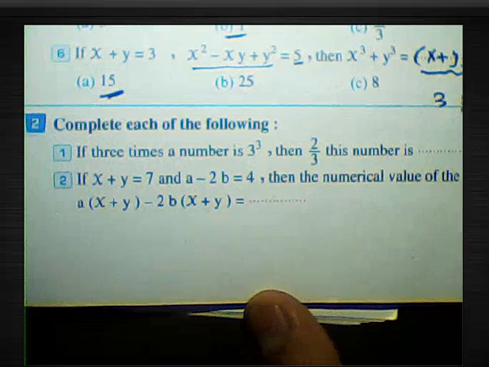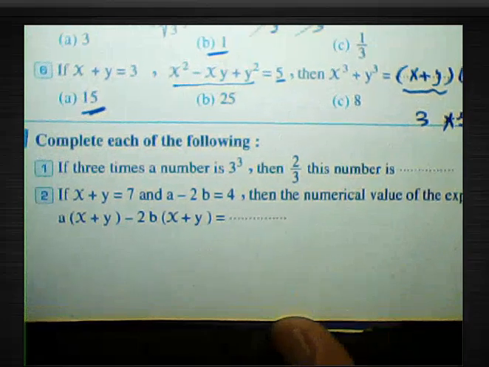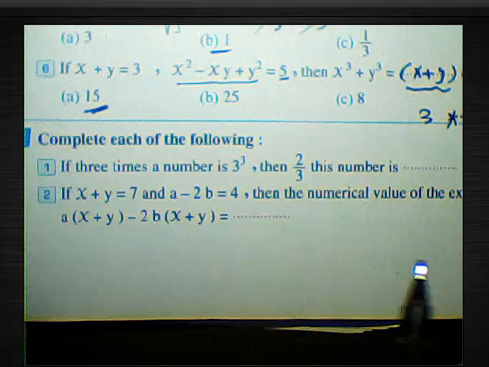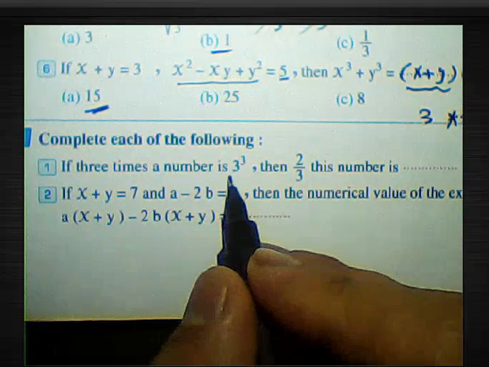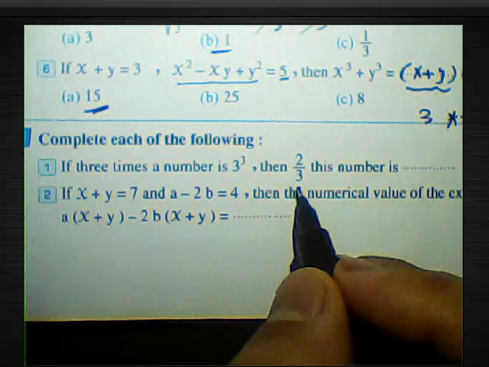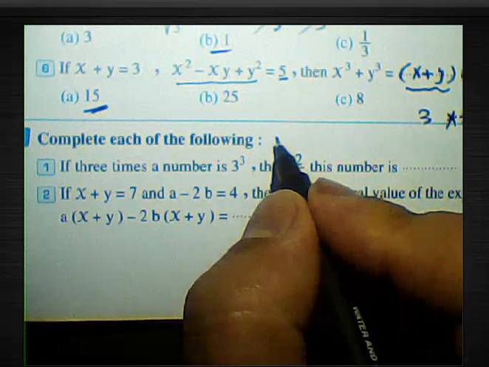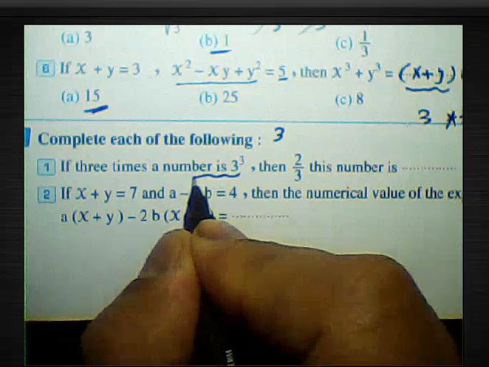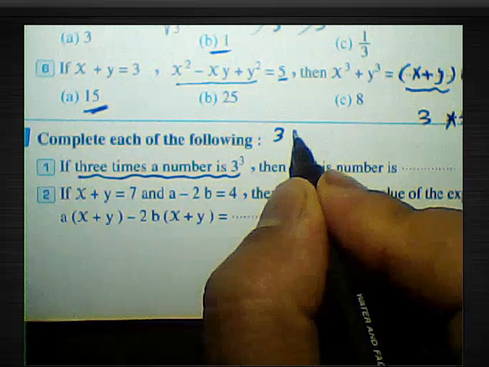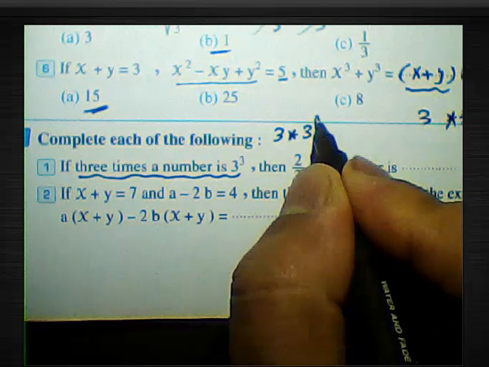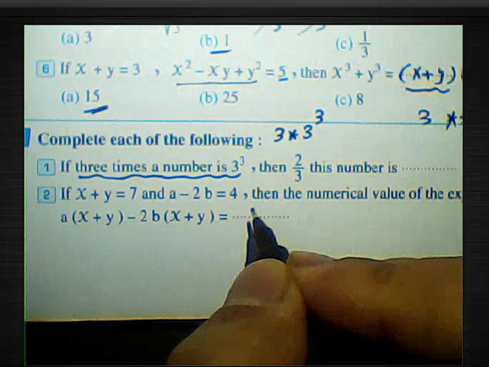Question number 2. Complete each of the following. If 3 times a number is 3 power 3, then 2 over 3 of this number equals what? We know 3 times the number means 3 multiplication by 3 power 3.